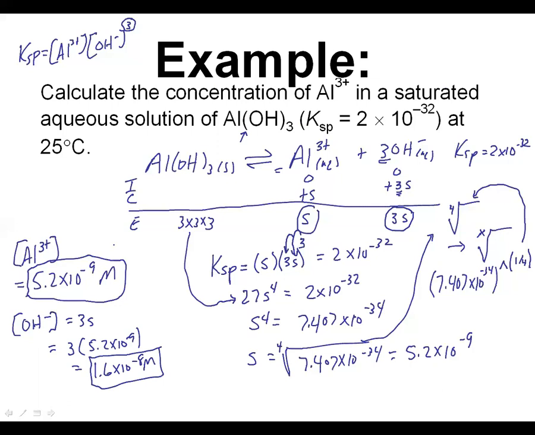Any questions on that? By the way, when you do the fourth root on your calculator, you might have gotten a whole bunch of zeros and a 5 at the end, and it may have just run out of room. If you put it in scientific notation, that's where you'll get some more numbers. Sometimes you might need to put some of these answers into scientific notation. If you see your answers slightly different than a book answer, it's probably because they did it in scientific notation, so you'll get those extra digits.